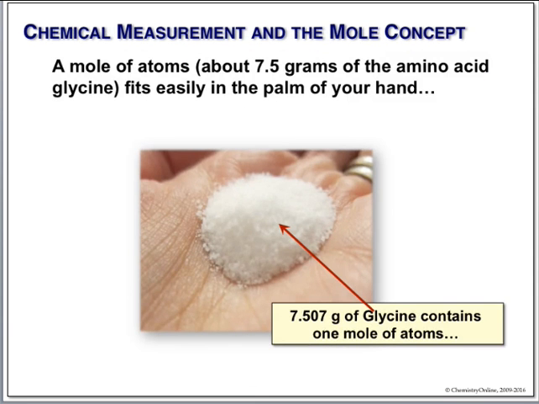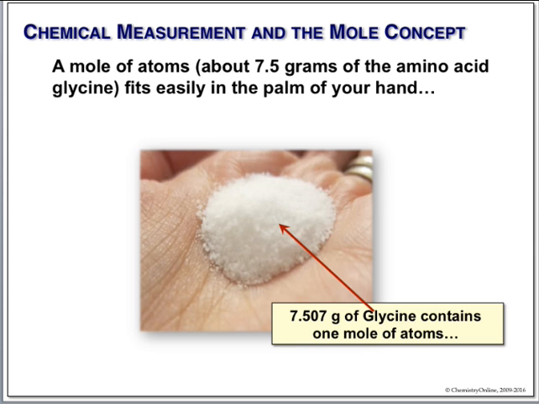And a mole of anything is just a fantastically large number. Nonetheless, this represents 1 mole of the amino acid glycine. And you can literally hold this thing in your hand. It's nothing at all. So a mole contains 6.02 times 10 to the 23rd things. Can be anything.